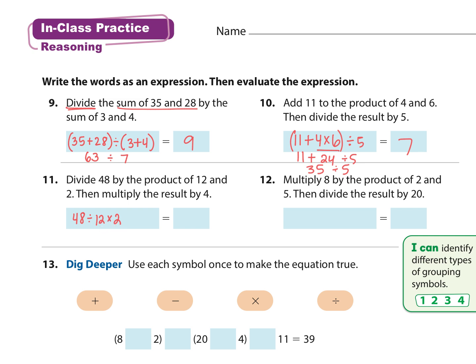It wants me to divide 48 by this product. So what do I need to do to get that answer correctly? Put parentheses around the 12 and the 2. I want to put the parentheses around the 12 and the 2. But then I want to take all of this and multiply it all by 4. So what do I have to do with all of this? Jason.